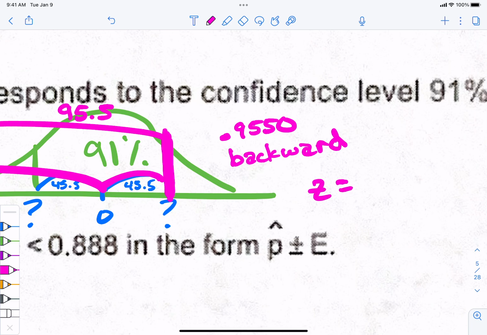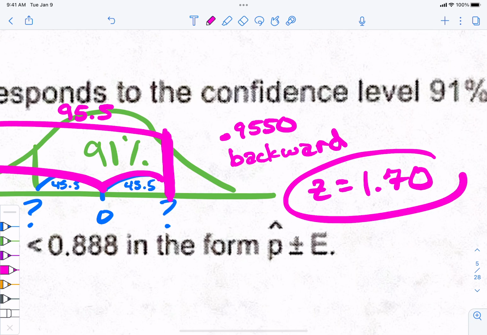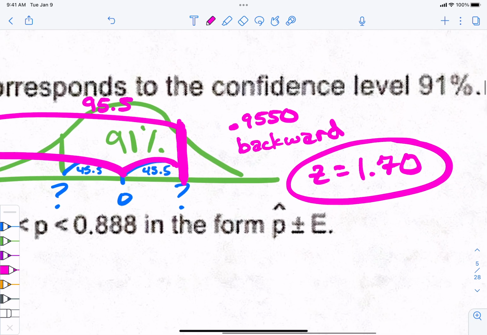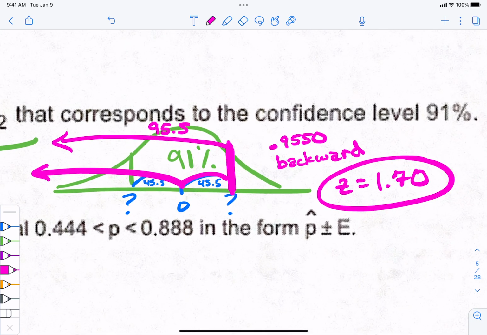It's going to be like 2 point something. Find the number closest to 0.9550 in the table on the positive side. 1.70.